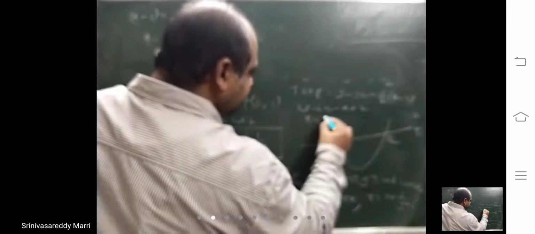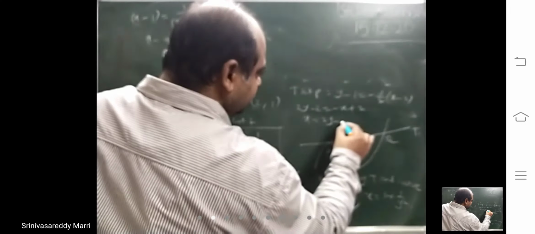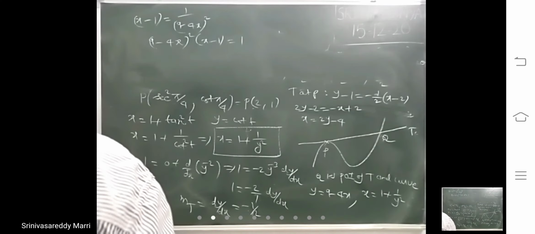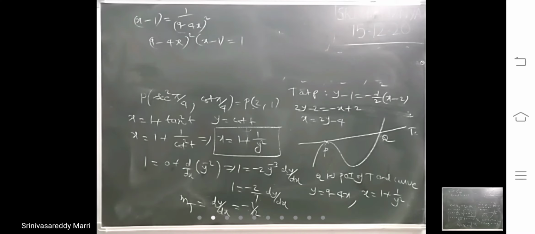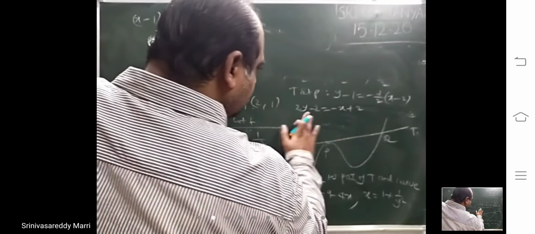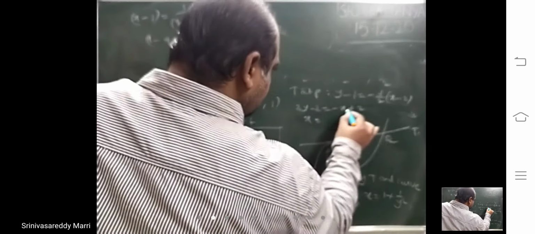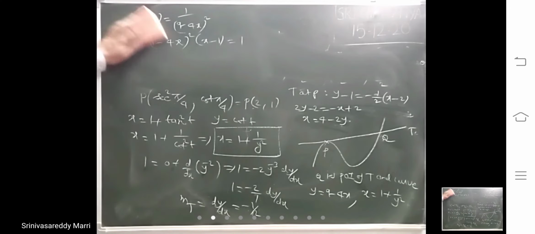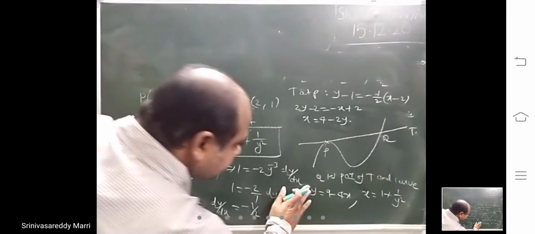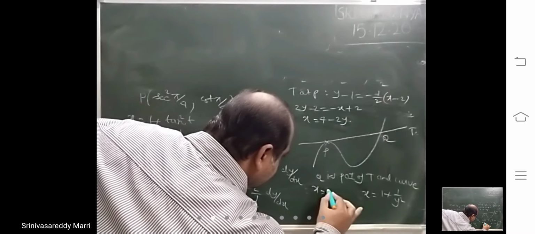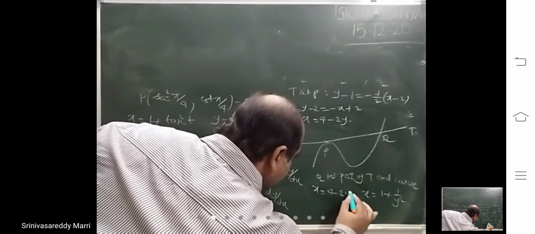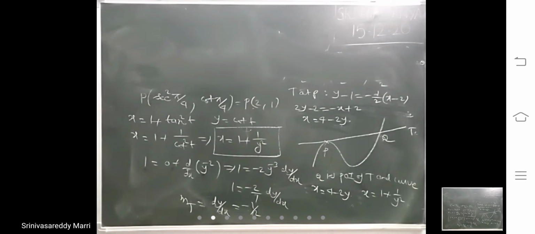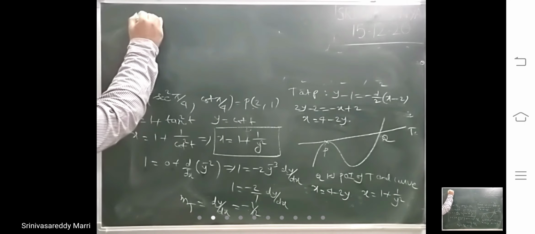So x equal to 2y minus 4. Bring that side: x equal to 4 minus 2y. x is nothing but 4 minus 2y. Now solve, you substitute x.